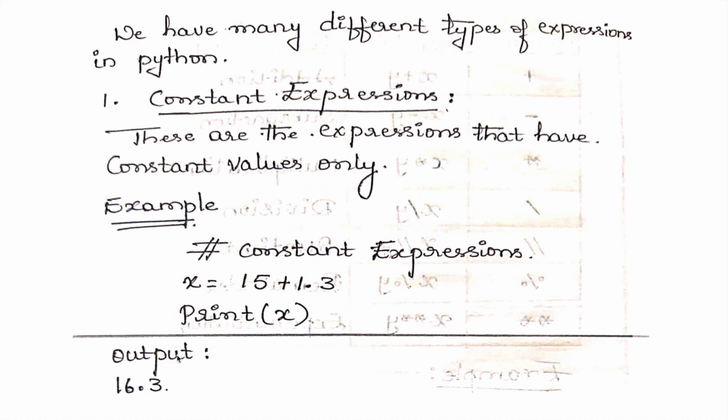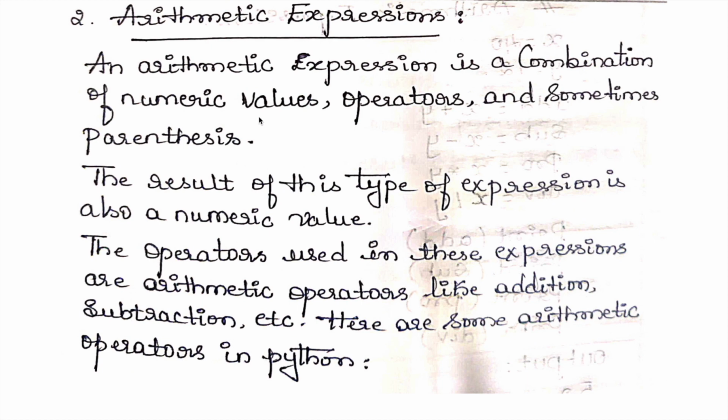Okay. Next is arithmetic expression. Now what is an arithmetic expression? An arithmetic expression is a combination of numeric values. It always contains numeric values and also operators, and sometimes parentheses. The result of this type of expression is also a numeric value because it contains numeric values as operands.